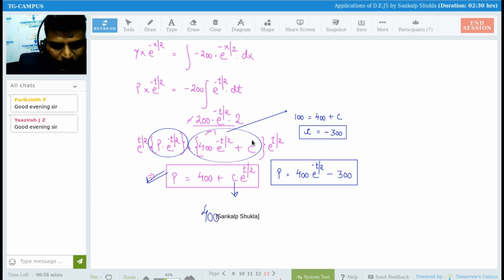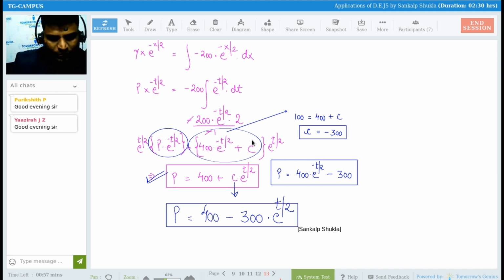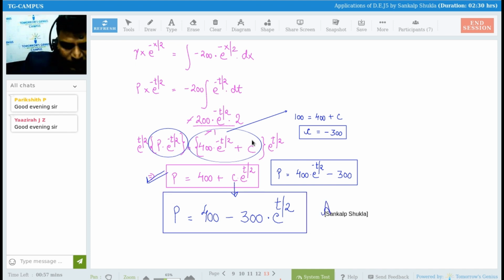So 400 plus c, that means minus 300. The value of c is minus 300, right? Into e raised to the power t by 2. This is the answer, the value of p. Yeah, this is the final answer.